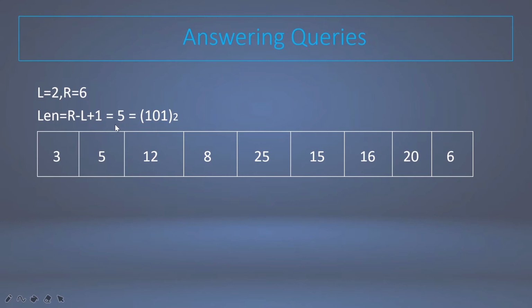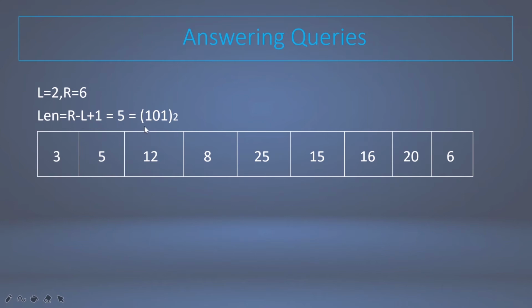Then we will take the maximum element of that length from this position L that we have stored in the sparse table. Then we will decrement our length and then we will take the maximum power of 2 again.